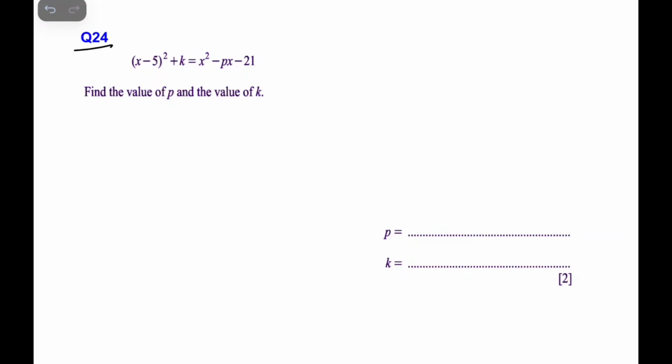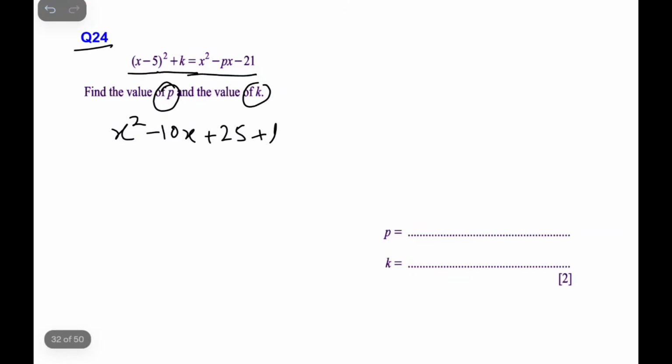Question number 24. x minus 5 whole square plus k is equal to x square minus px minus 21. We have to find the value of p. Now x minus 5 whole square, that will be x square minus 10x plus 25 plus k as it is equal to x square minus px minus 21. Now comparing the like terms, firstly we'll compare the coefficient of x.